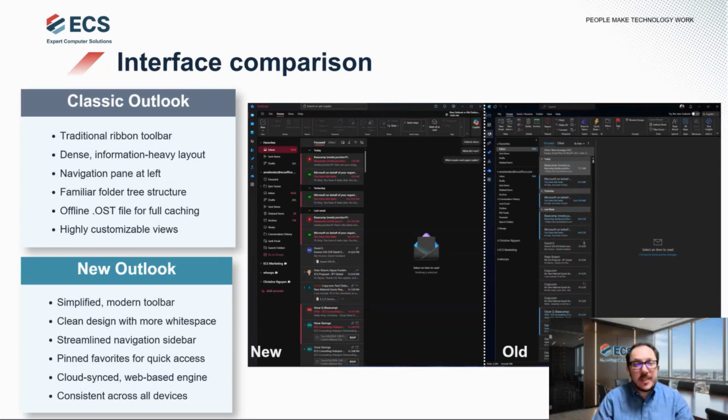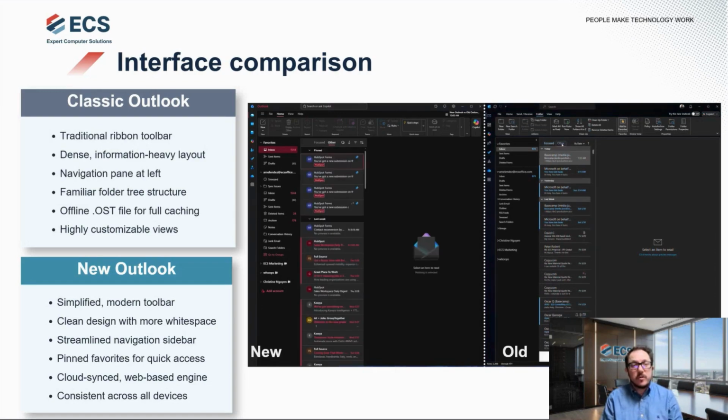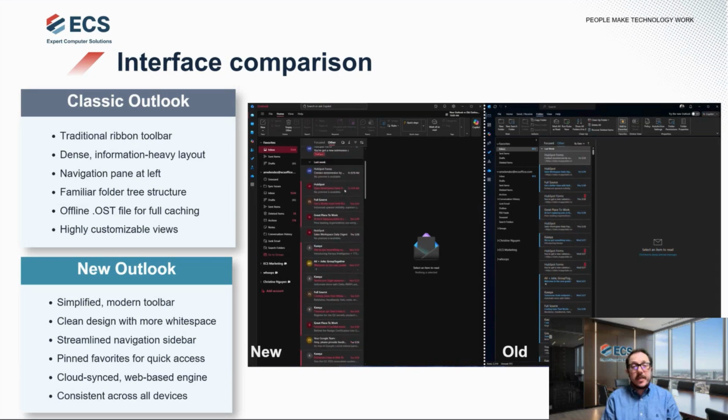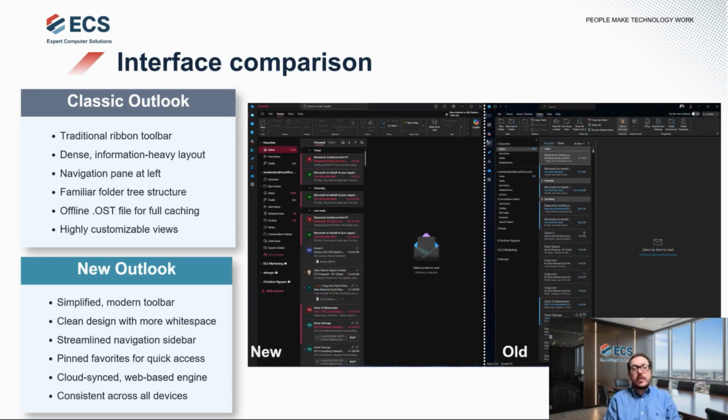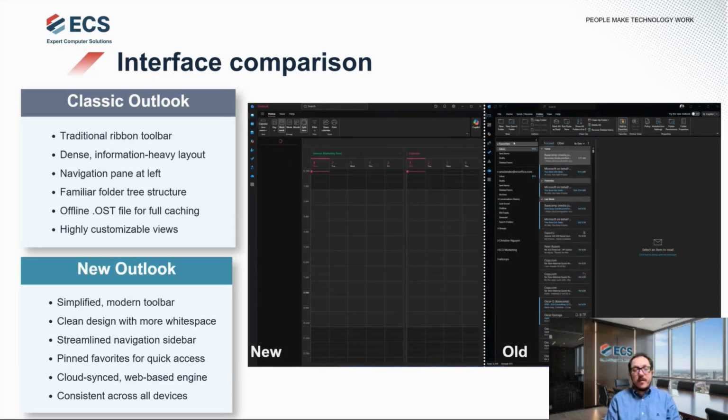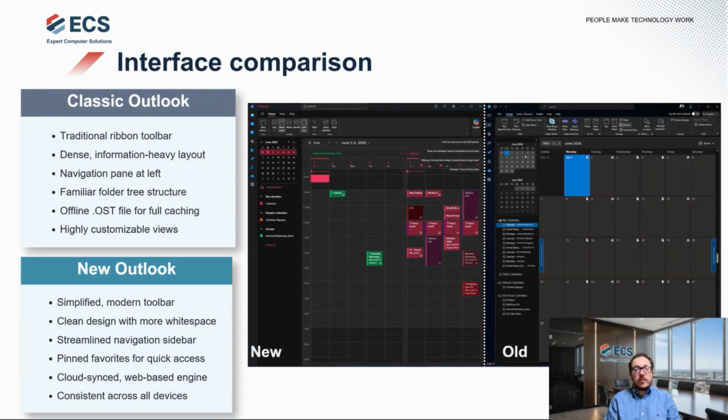Classic Outlook has a dense, information heavy layout, with the navigation pane at the left and a familiar folder tree structure that you are used to if you've been using it. And it has your offline OST or PST file to be able to open them up on the system.